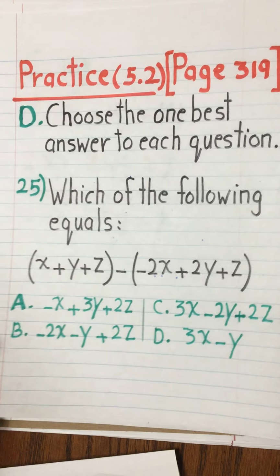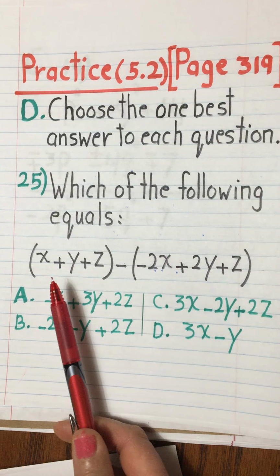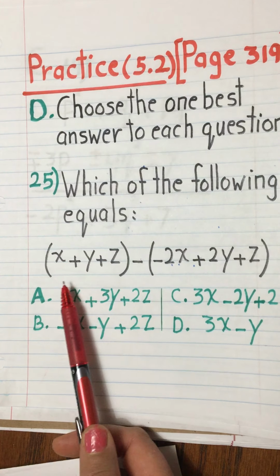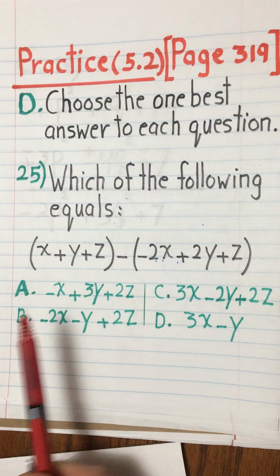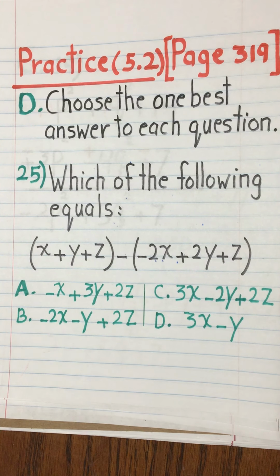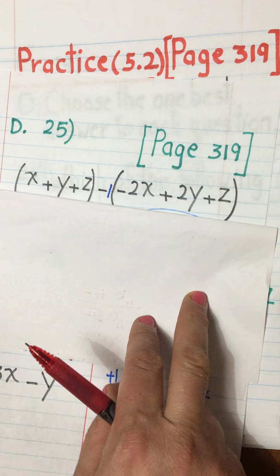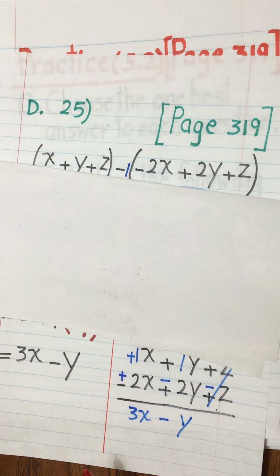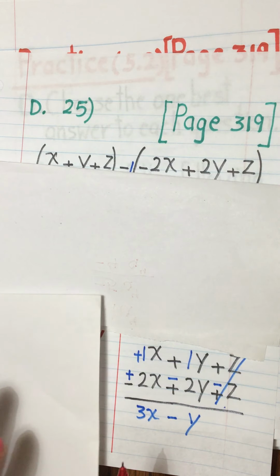Question D. Which of the following equals? I should subtract these two polynomials, and I should get one of these options. I'm going to show you guys. I have these two polynomials, and first we're going to try the vertical way.